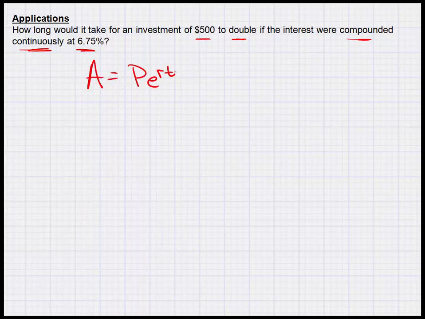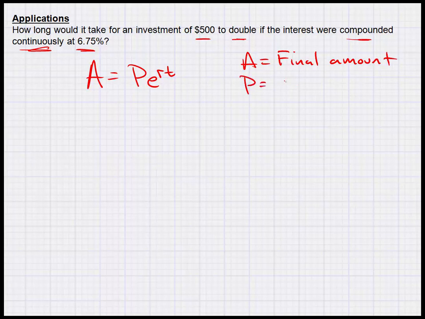Well, your compound interest for continuously compounded interest is this formula. It's your PERT formula. A equals P times e to the RT. A is the final amount.